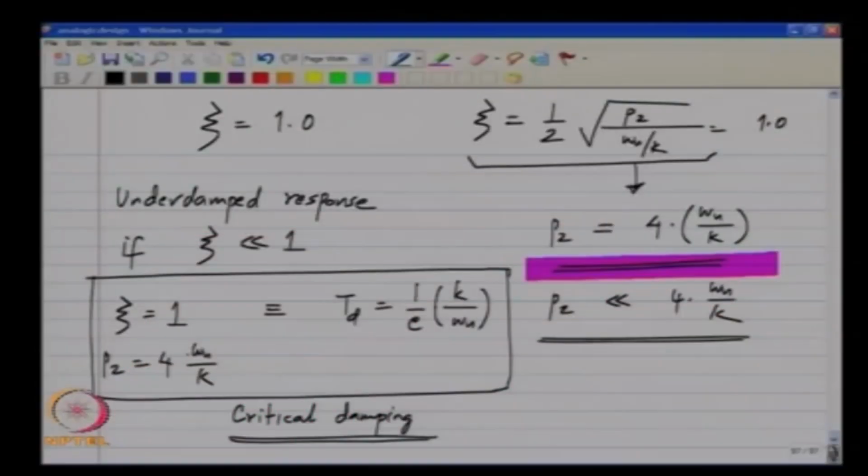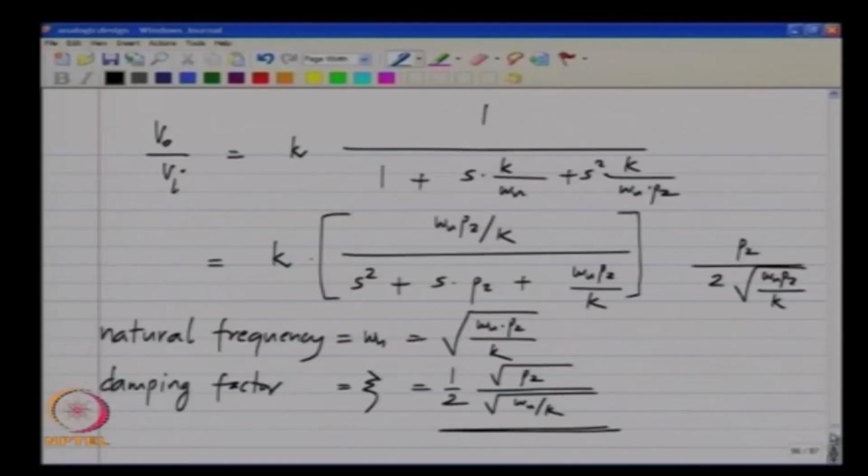If you look at this particular polynomial, the denominator has coefficients which are always positive. So, that means that the system is always stable. The roots of the denominator will always be in the left half plane, which means that the natural response dies out after some time. So, the system is unconditionally stable.